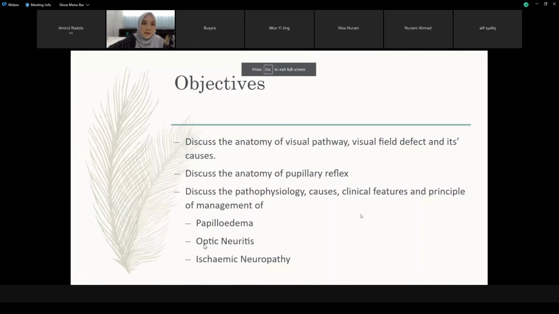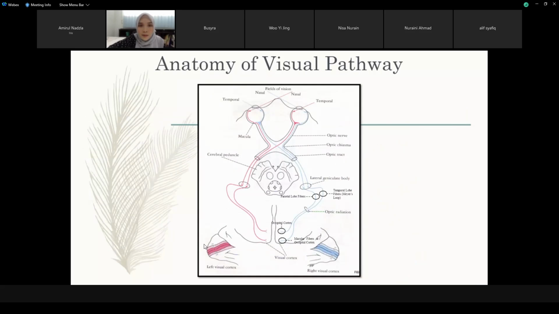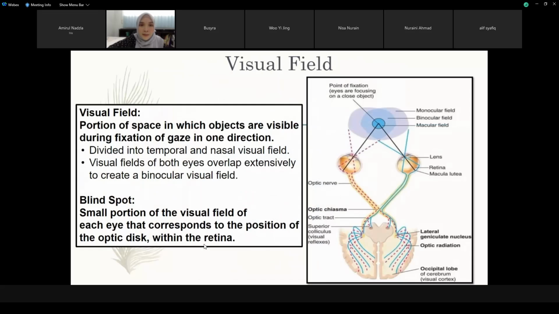Third slide. Okay, sorry, the previous slide please. Okay, this one.